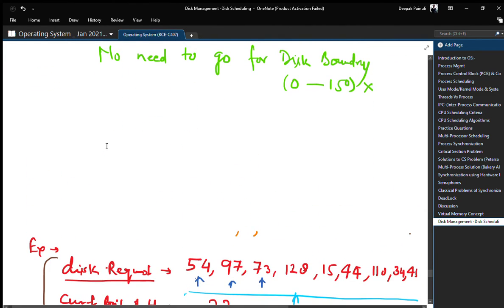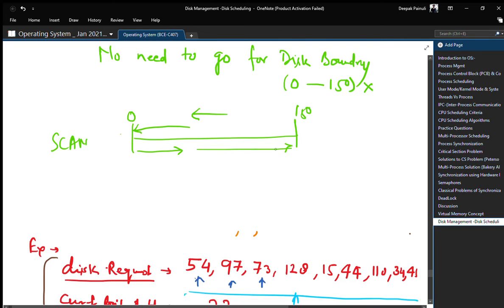Let us understand it. Let's say these are the boundaries, and in case of SCAN, in one pass, if we are moving backward, our head will move up to 0, and in the next pass it will move up to 150, right?